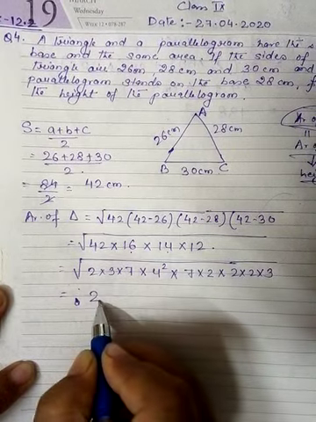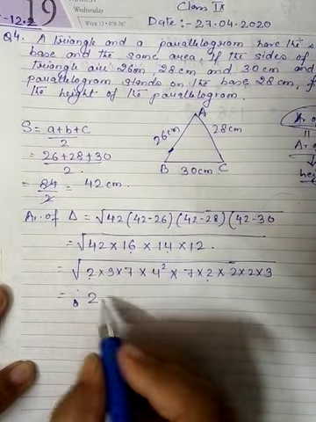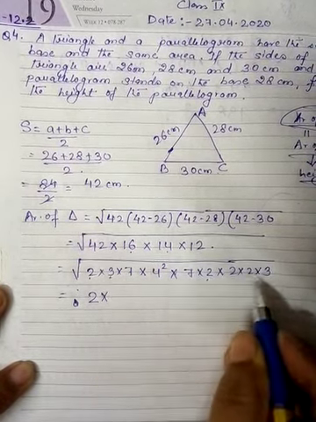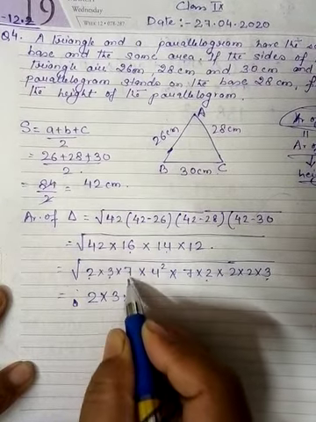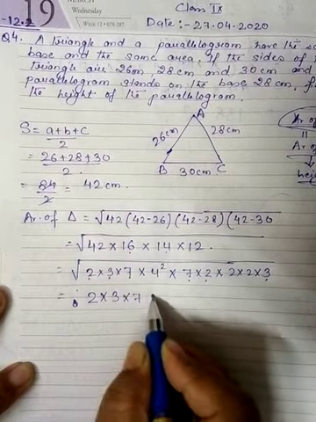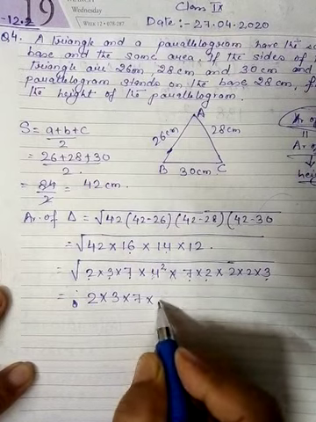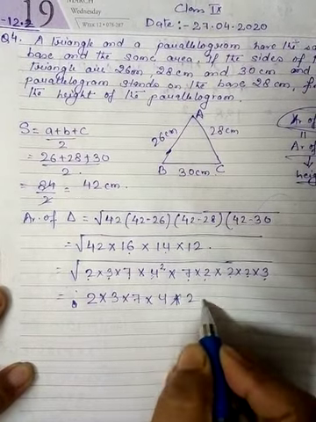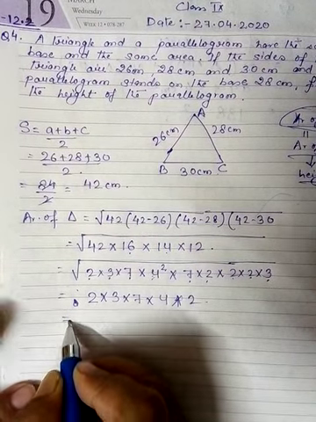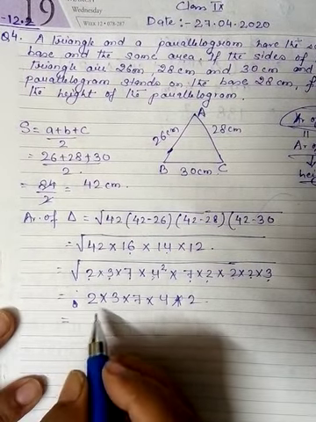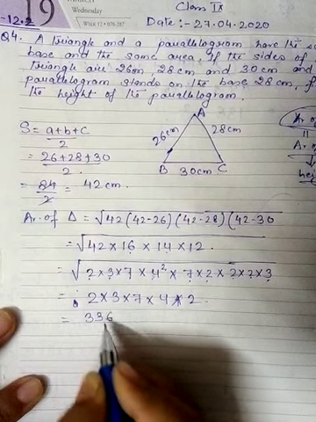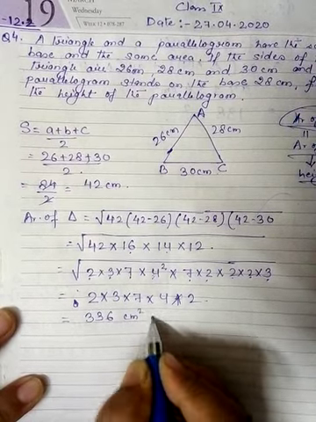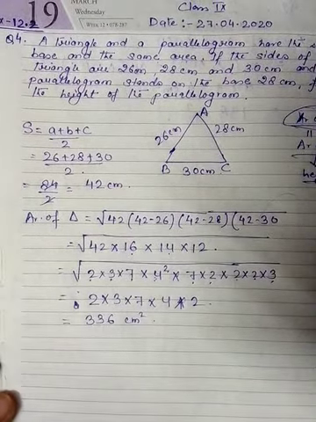Let's make a pair, 2 here and 2 here. 3 and 3 make a pair, 7 and 7 another pair, and 4 twos make two pairs. So we'll get the area as 336 centimeter square. This is the area of this triangle.